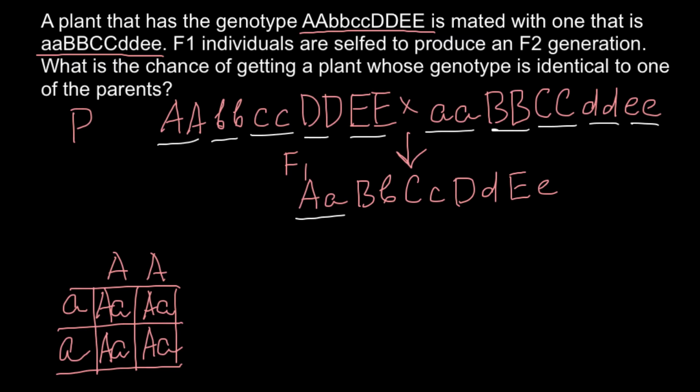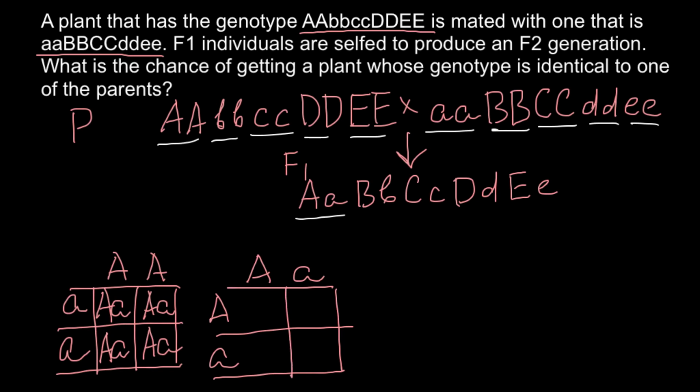As you see we have two alleles, so this parent may produce two gametes. One may have capital A, another one may have small a, dominant and recessive. And when we self-pollinate, that means we cross the same genotype with itself, and here are the results that we can predict using a Punnett square.